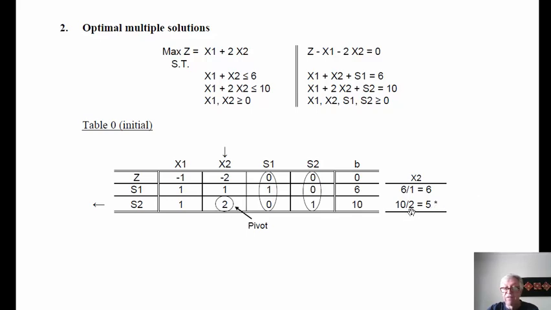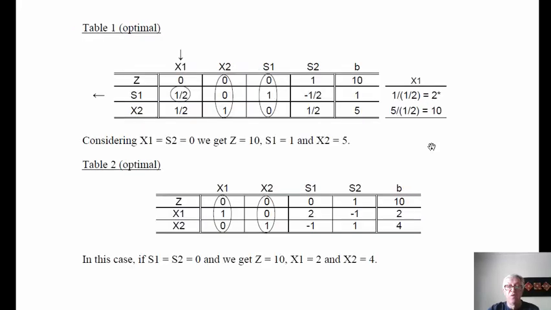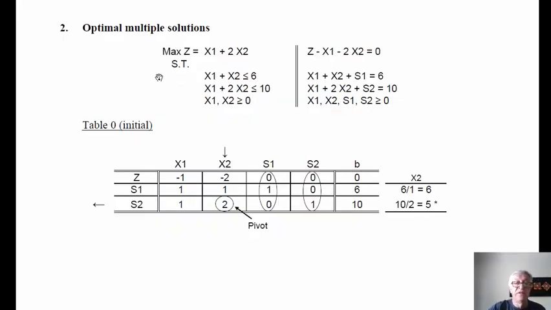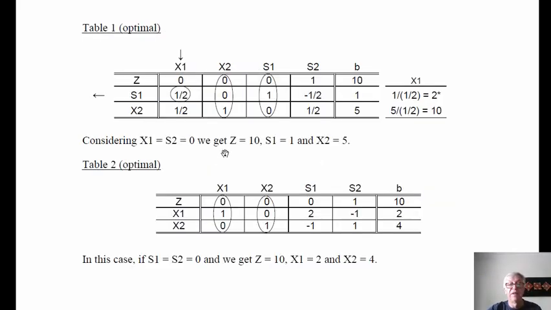So we need to select S2 to go out to avoid negative values of variables. So doing this, that is introducing x2 in the base, leads us to the second table. I'm sorry, table number 1. The previous one was table 0.